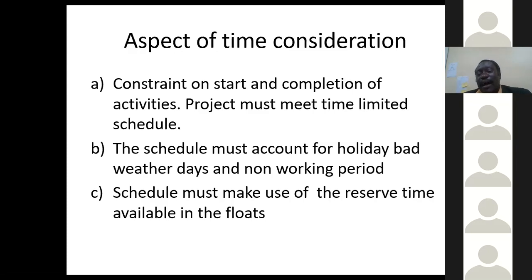So you have to plan properly under those environments. All these will lead to time constraint or time overrun. You may find your project you wanted to accomplish, but you did not take into account bad weather and so on. So please take that into account.